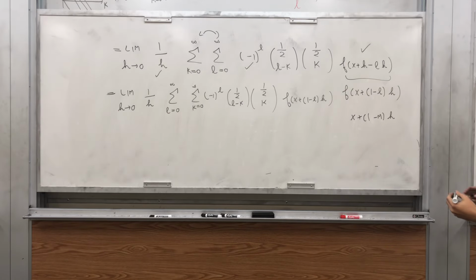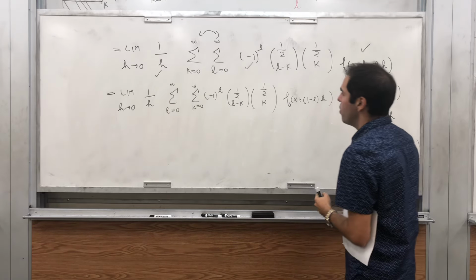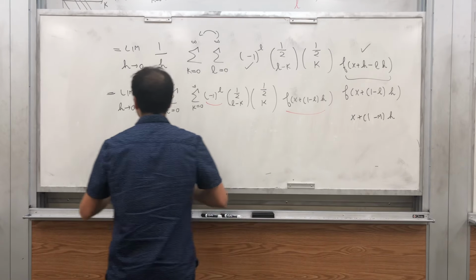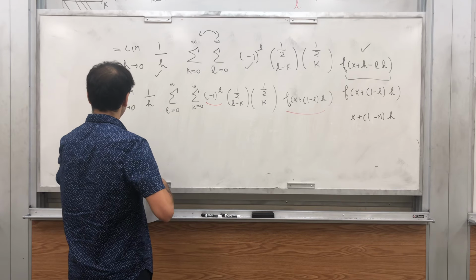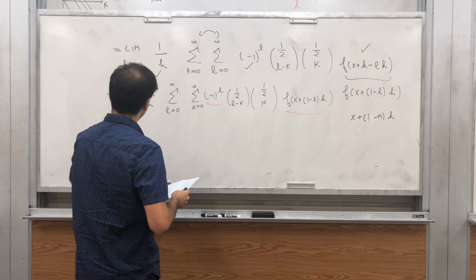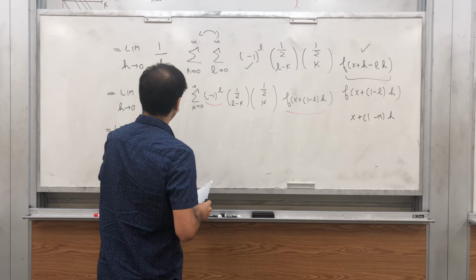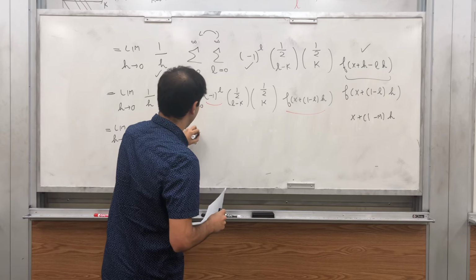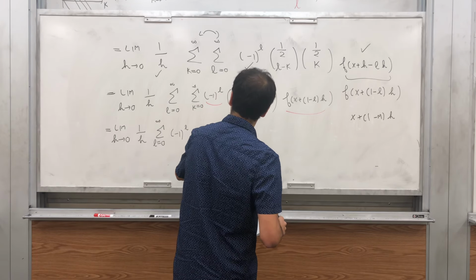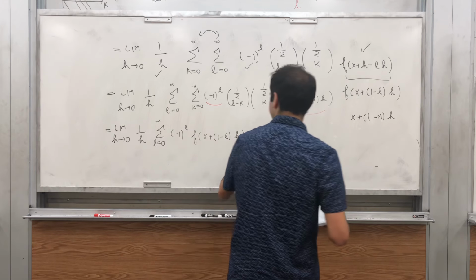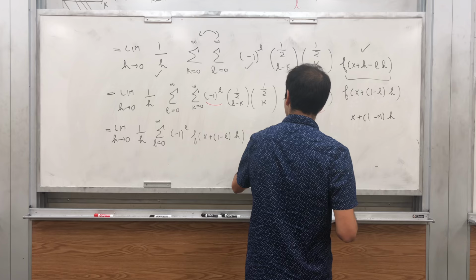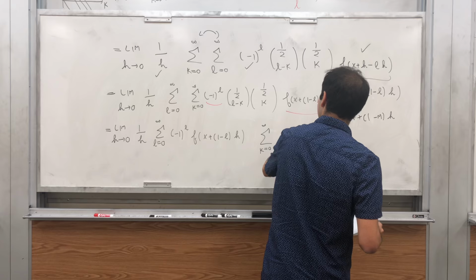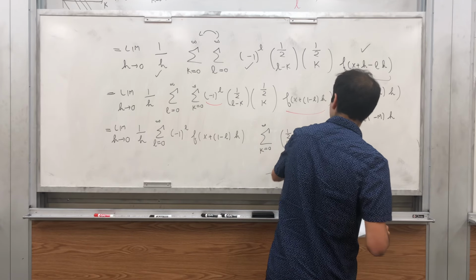And that's good, because there are a bunch of terms that we can just pull out. We can pull out minus 1 to the L, and we can pull out the f term. So what we're left with is the limit as h goes to 0 of 1 over h, sum L from 0 to infinity of minus 1 to the L, f of x plus 1 minus LH, and then the sum from k from 0 to infinity of 1/2 choose L minus k times 1/2 choose k.